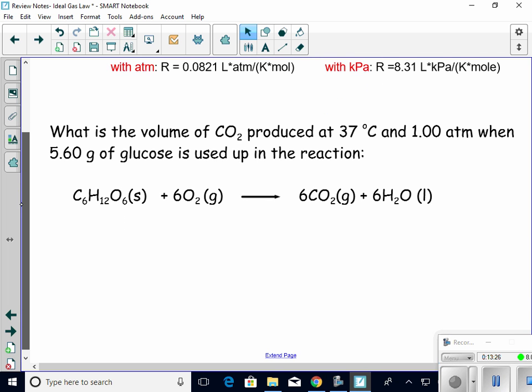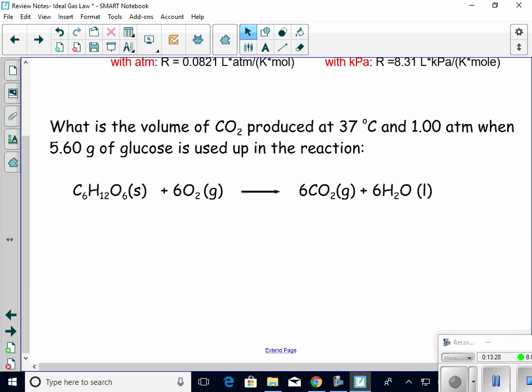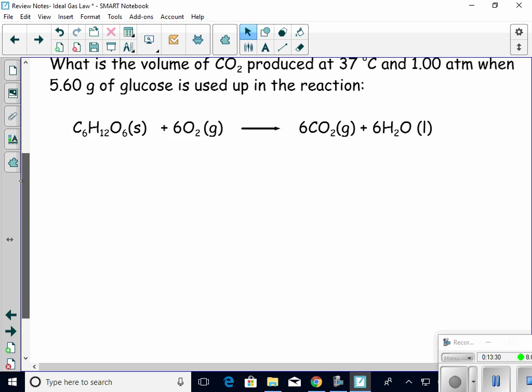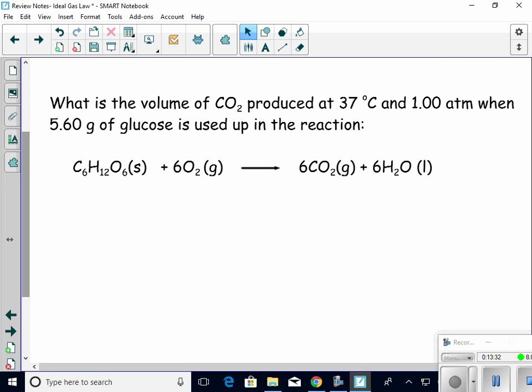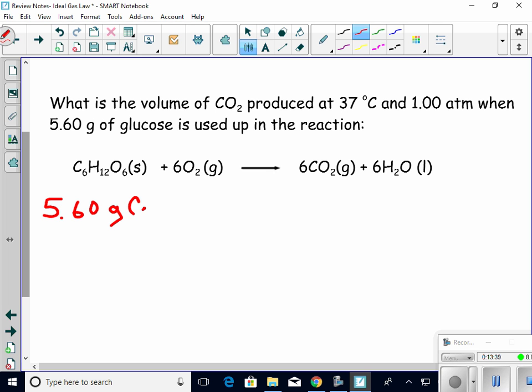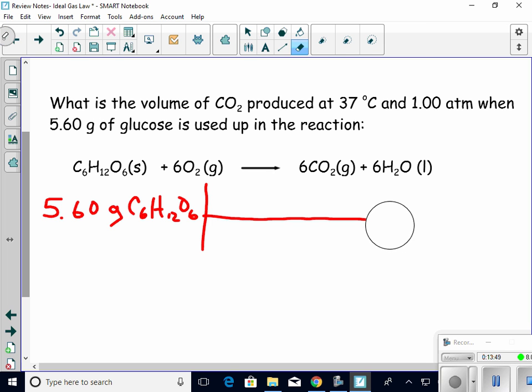So the very first thing that I have to do is I have to go mass to moles. So I have 5.60 grams of glucose. I do my conversion box. I don't think it's going to be that long because I'm only going to have 2 boxes, but I've already calculated my molar mass, so let me find that.